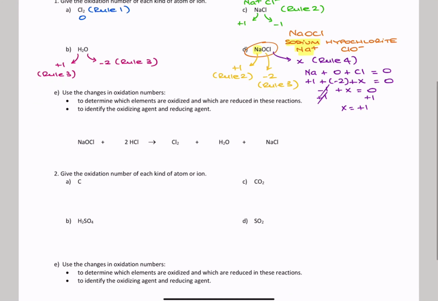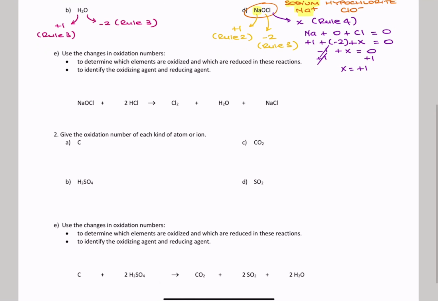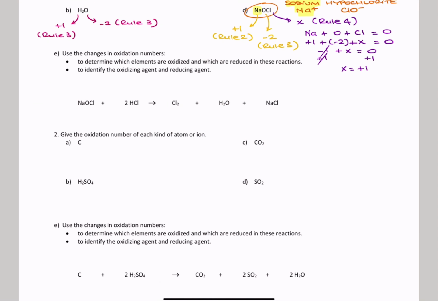We can use the changes in oxidation numbers to determine which elements are oxidized and which are reduced in the following reaction, and then we will identify the oxidizing agent and the reducing agent. So let's do it. We already did NaOCl, so I'm just going to copy the result from the previous question. Na was +1, O -2, Cl +1. Cl2 was 0.